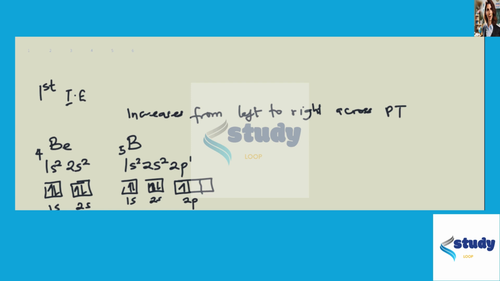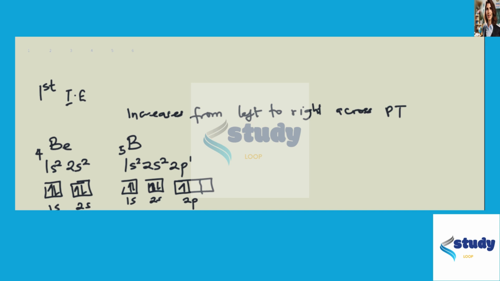So for beryllium, the orbitals are completely filled. The 1s orbital can occupy a maximum of 2 electrons, and the 2s orbital can also occupy a maximum of 2 electrons.